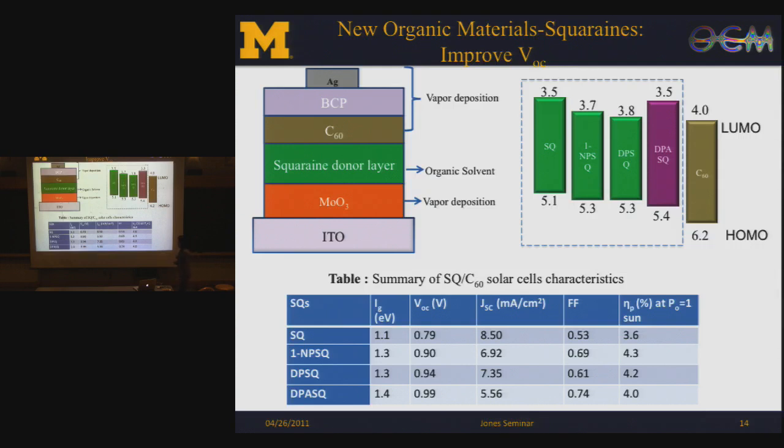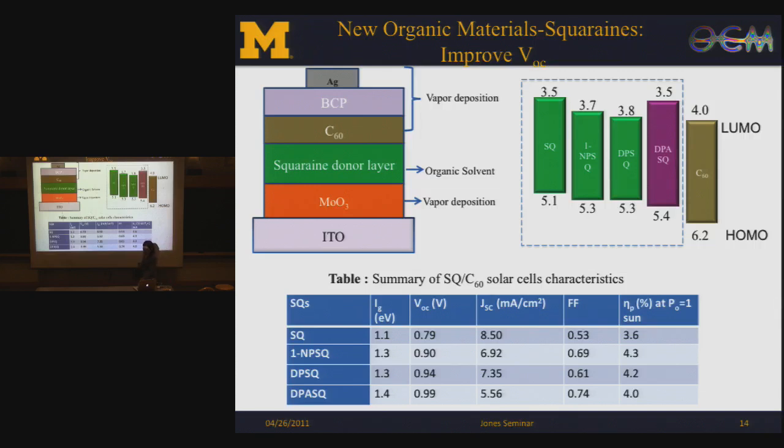And the fill factor of the DPSQ C60 solar cell actually reached 0.74, which is very close to the silicon cell. For a silicon cell, the fill factor is typically around 0.8. So we are doing a pretty good job engineering these new materials into our device structures.